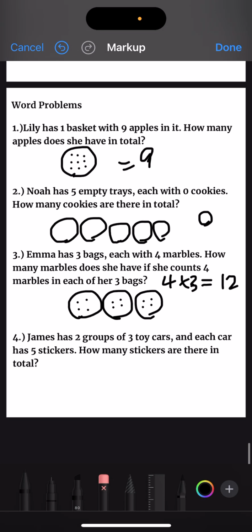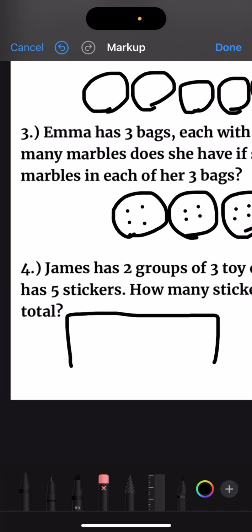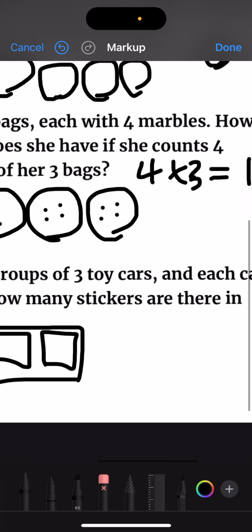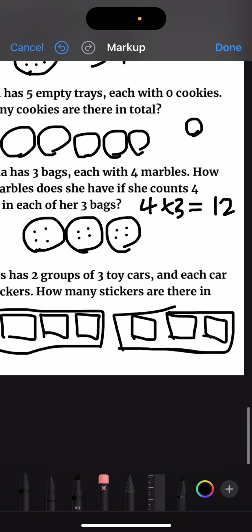Number 4, James has 2 groups of 3 toy cars, and each car has 5 stickers. How many stickers are there in total? Okay, so I'm just going to say this is a group. And in each of those groups, there are 3 toy cars. And the small boxes are toy cars.